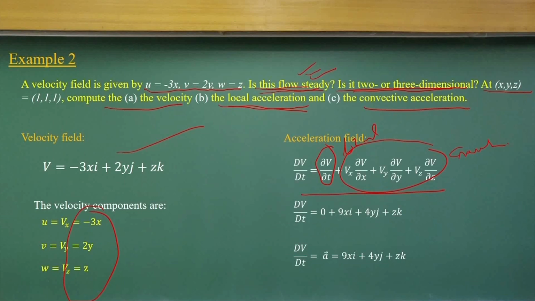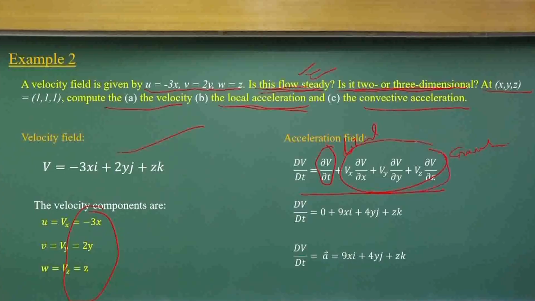With some common sense, we can say that when you have a steady flow, the local acceleration becomes 0, because your velocity field does not have a time component. It is independent of time. If it is that, there will be no local acceleration component. The convective acceleration component will be there.